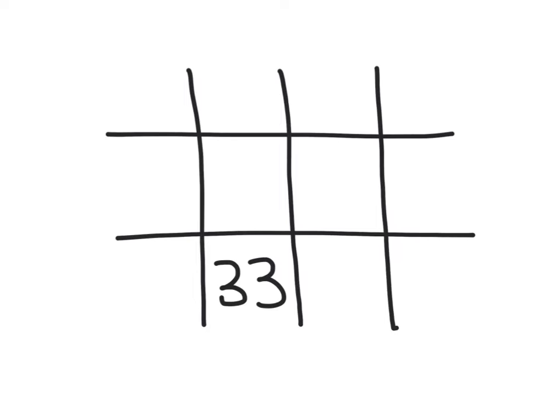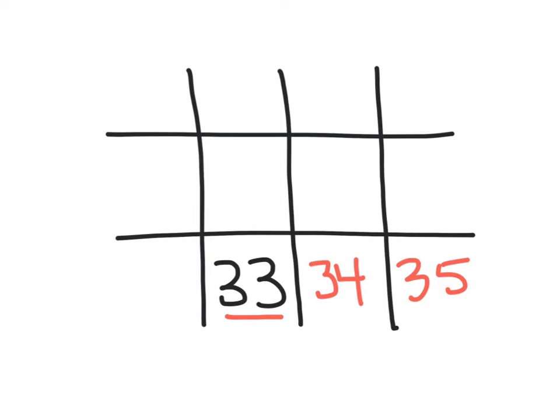Okay, now we have the number 33. So doing one more is probably the easiest thing you can do. So that's where I'll start. So 33, 34, 35. That's just counting on.